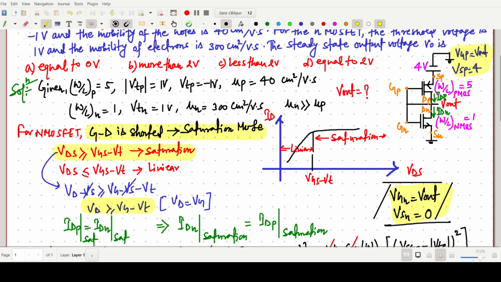So VGP is our V out, and VSP, the source voltage, is our 4.